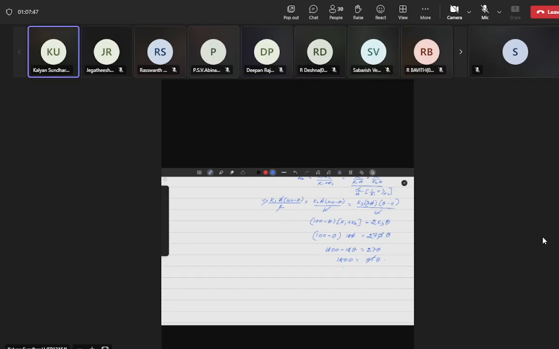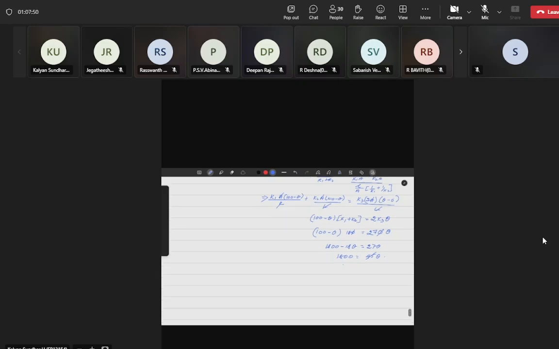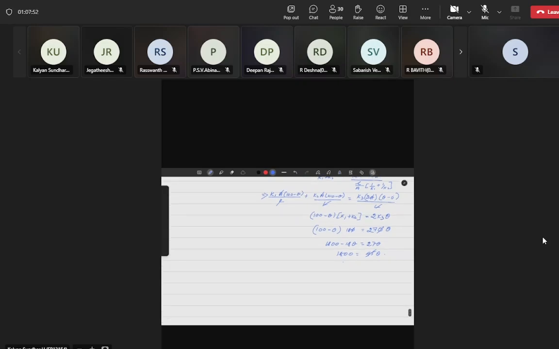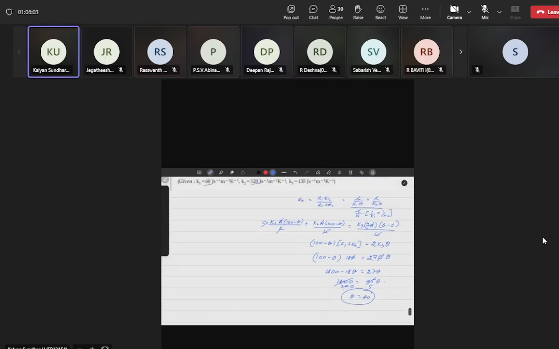Numerical, I mean, you are getting it in terms of forty is the one, correct? So theta will be 40 degrees Celsius.